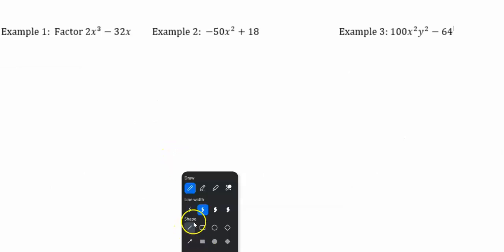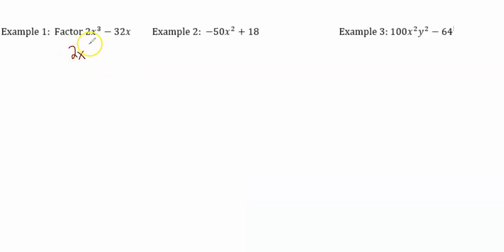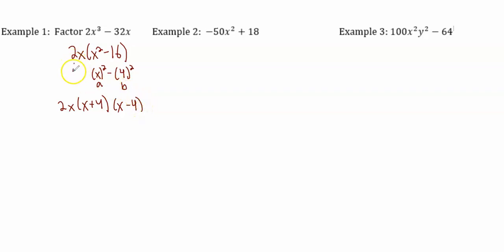If we look at these, step 1, I have two terms. Pull out a GCF. Everything I can pull out is 2x. And then this is the same as an x squared, so I'm just writing it as something squared minus something squared. My b is 4. So then I subtract and add my perfect squares, one with addition, one with subtraction.